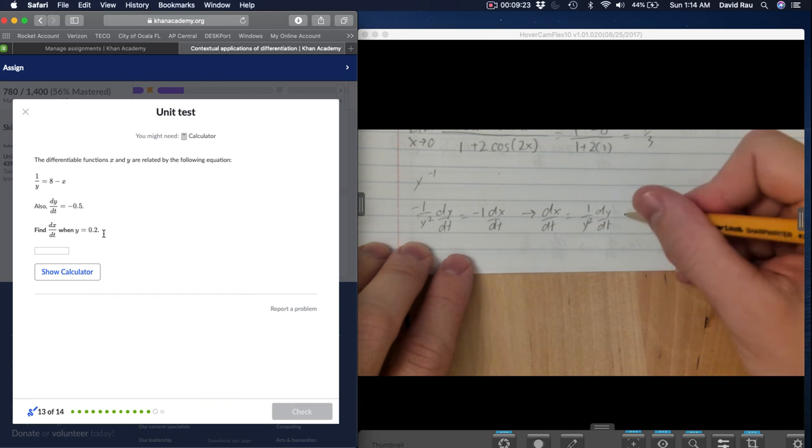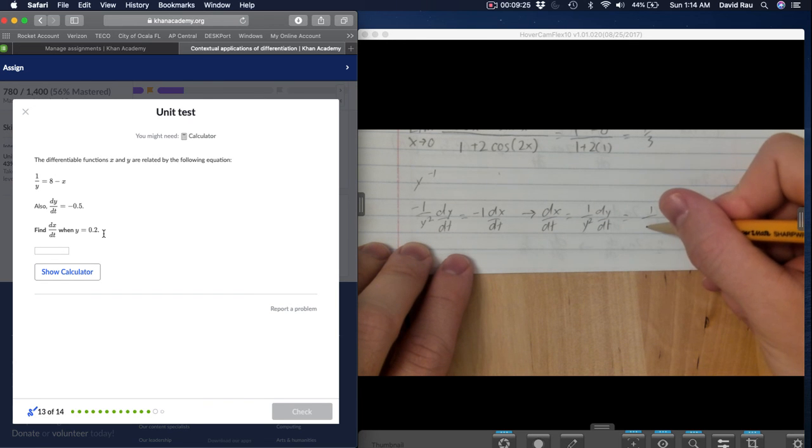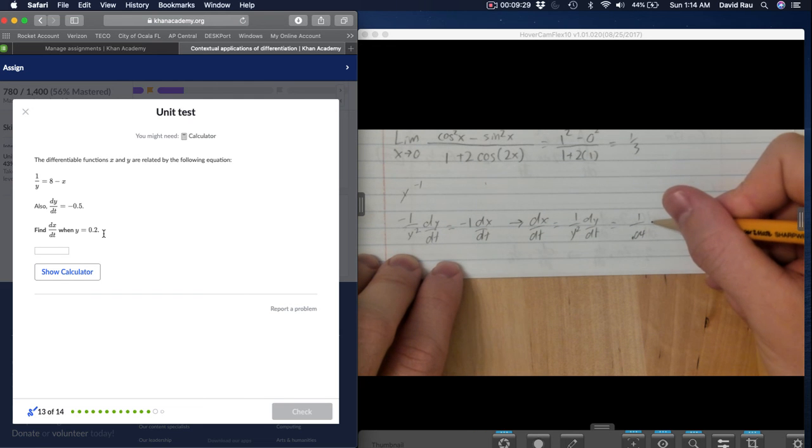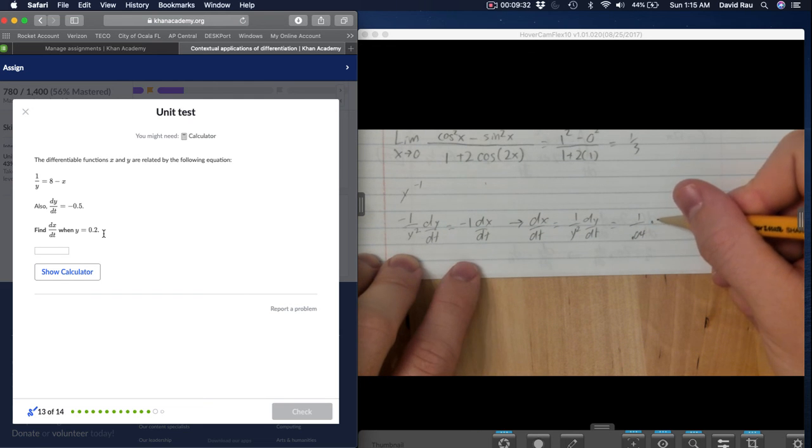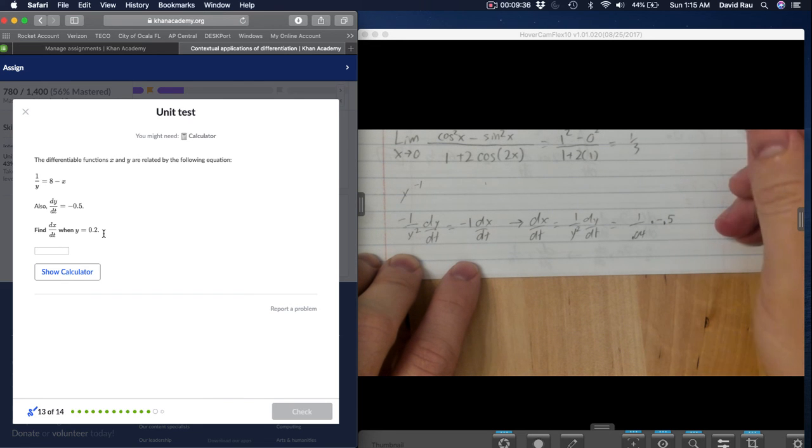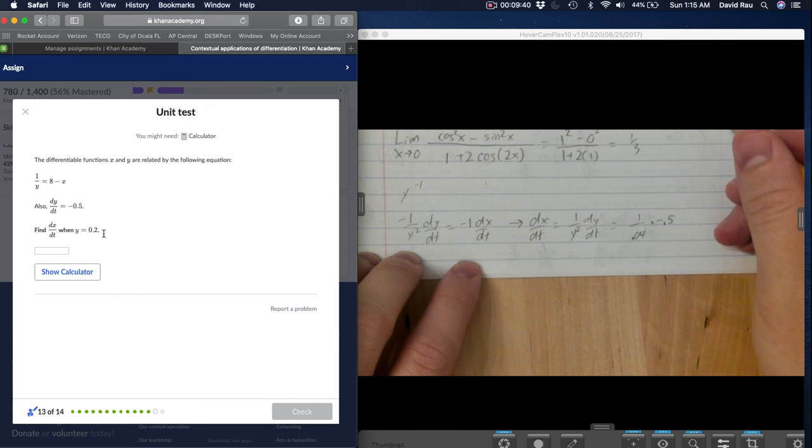So 1 over 0.2 squared. 0.2 squared is actually 0.04. And then dy/dt is negative 0.5. Why would they do this to me? I can do this.